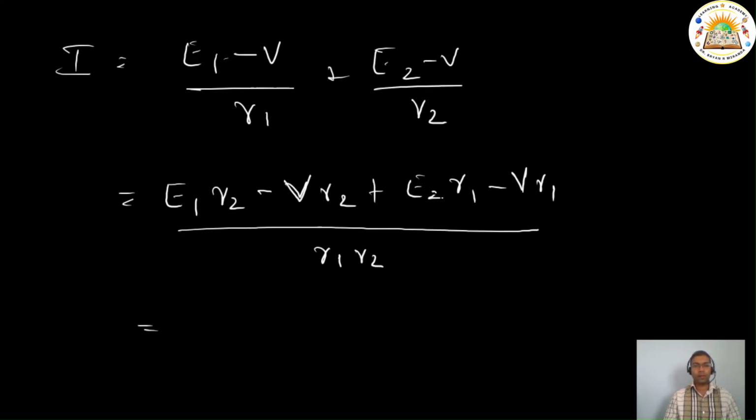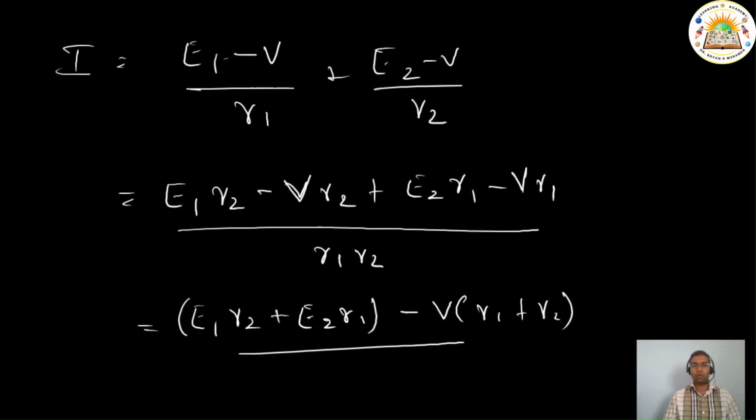Now we can separate them out. I will have E1 R2 plus E2 R1 in one group, minus V of (R1 plus R2), whole divided by R1 R2. Now this is equal to I. So let's take R1 R2 to the other side.